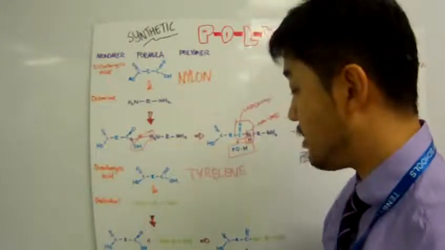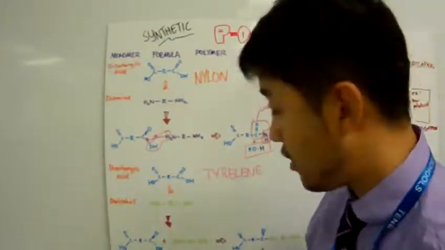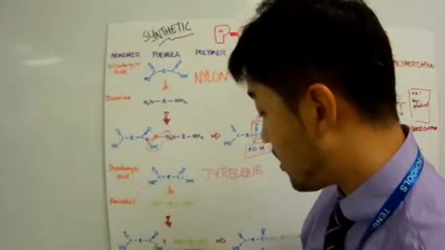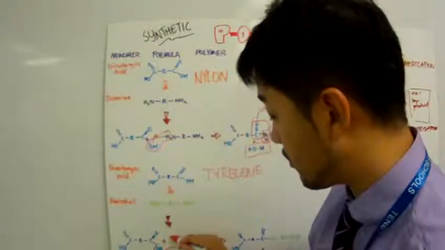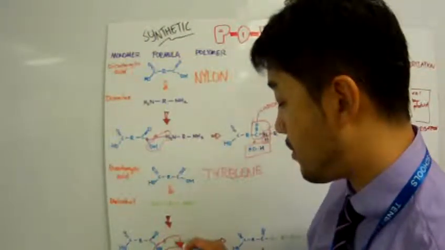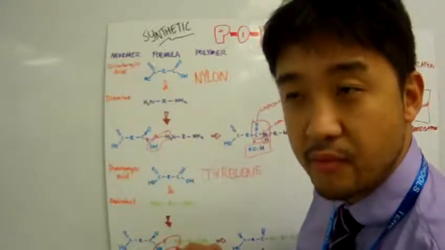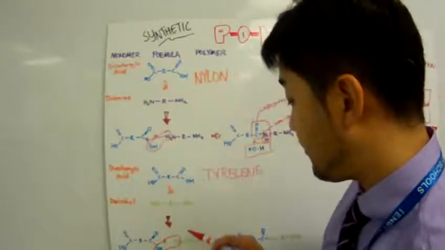When they come together, you are also going to see a loss of water. The OH from the carboxylic acid will form a bond with the hydrogen of one of the dialcohols. All right?